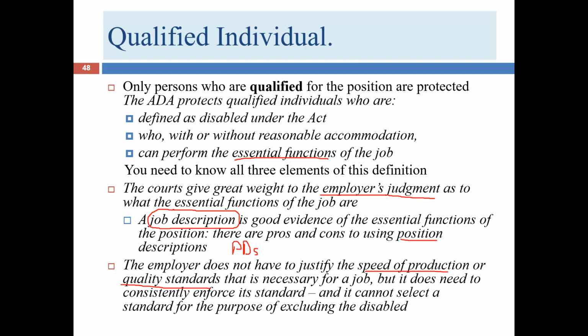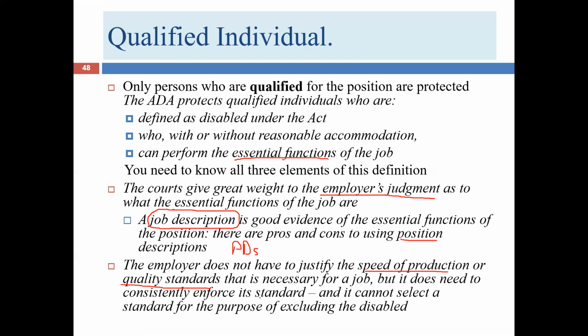But allowing a disabled person to stay at order picker 1 forever at the lower rate of pay would be a reasonable accommodation. So if you have some kind of system where you graduate people to higher speed rates of productivity or require higher levels of quality as a person progresses and becomes more experienced, then keep in mind the option of keeping the disabled at a lower rate. And again, this is going to turn on what the disability is and whether that makes sense.